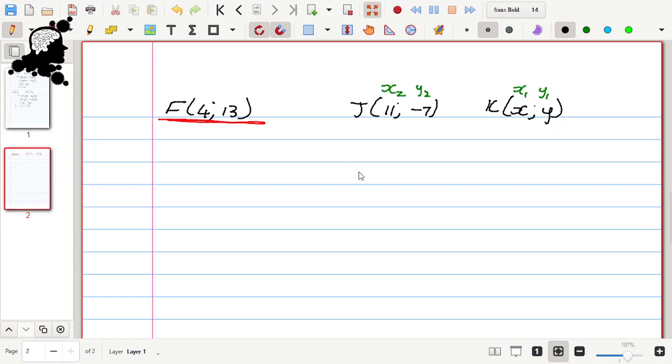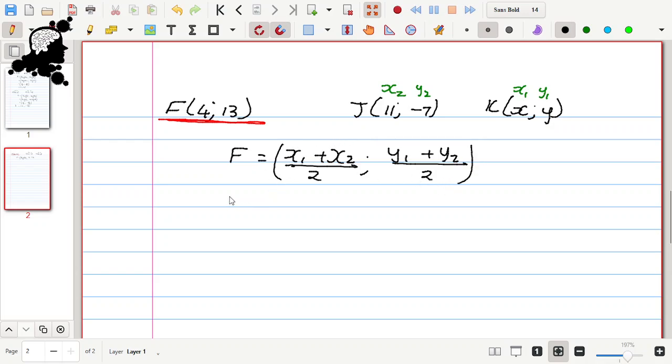It's still going to be the same. So our midpoint f is equal to x1 plus x2 divided by 2. Then this is going to be y1 plus y2 divided by 2.